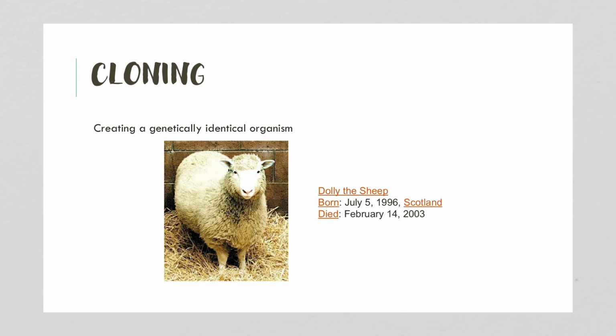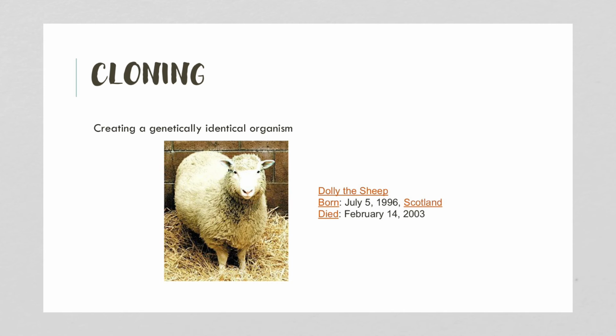The nucleus was removed from the egg, and then the nucleus from the donor animal that was being cloned was put into the egg, and then the egg was able to divide a bunch of times now that it had the full genetic information, because it was from an adult cell, so it had both copies of the DNA. And then that embryo was placed into another sheep to act as the surrogate mother, and she gave birth to Dolly in 1996.